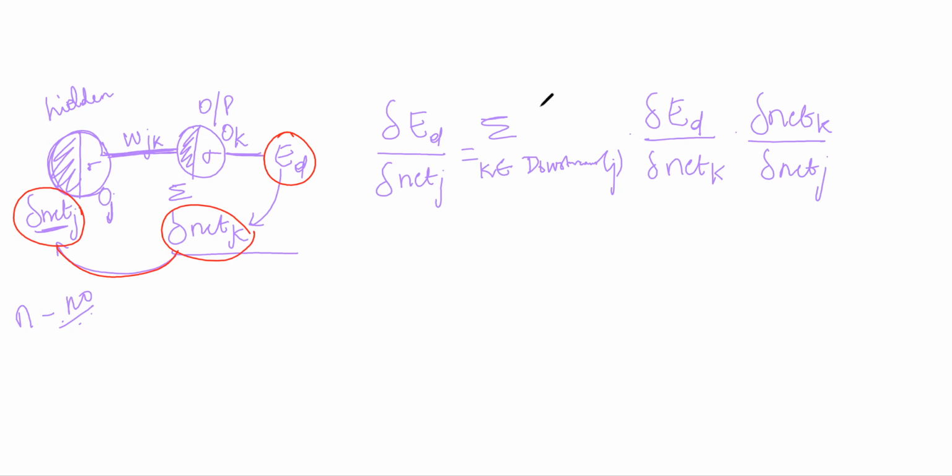If I get these partial derivatives, I'm almost done. I can calculate my hidden weights also. So how do I do that?